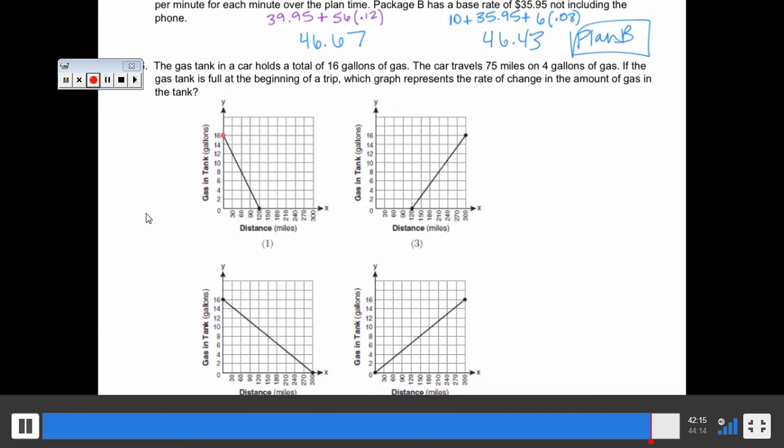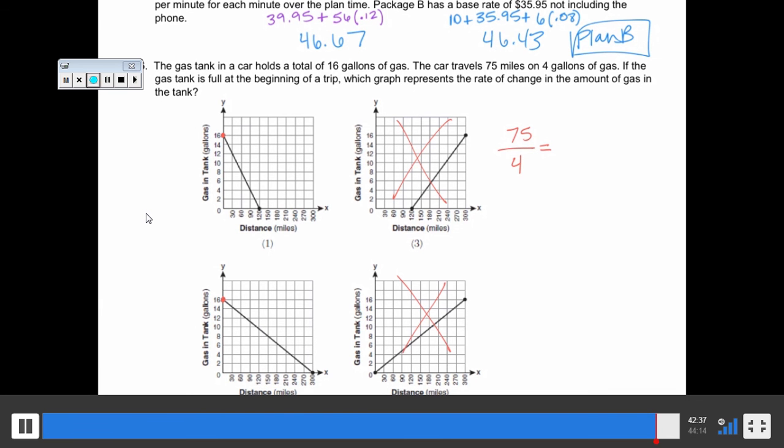So we can go ahead, any of the graphs that do not start at 16, we can say that those are not going to be our answers. And if it's going 75 miles on 4 gallons, you can use that in your graph, but I'm going to go ahead and see if I can reduce that at all.